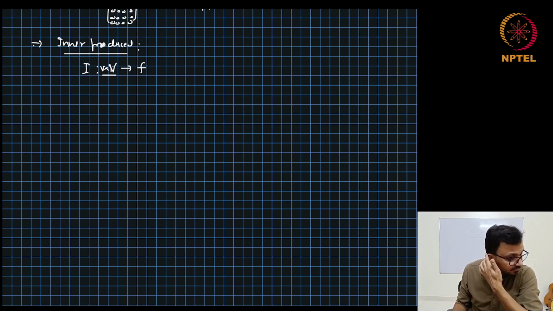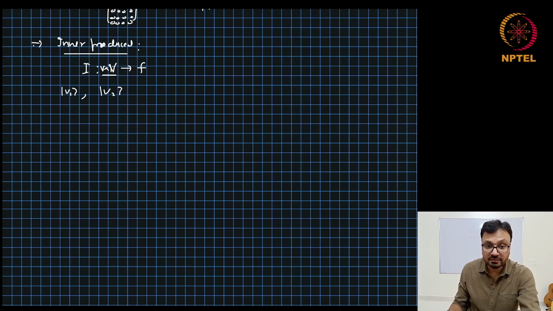So if we have two vectors, V1 and V2 from the vector space V, then we write the inner product as (V1, V2). It is the ordered pair of these two vectors, and it satisfies certain properties.